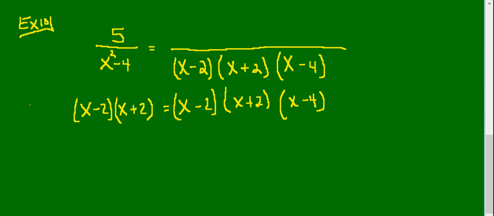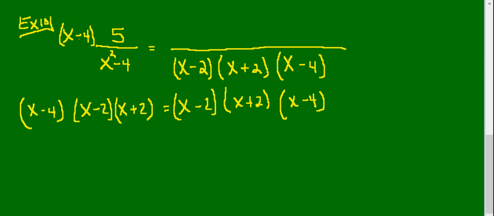So x minus 4 here, now the denominators are the same. But if I multiply this in the denominator, I have to multiply the top by x minus 4, numerator and denominator. So now I know these are the same.